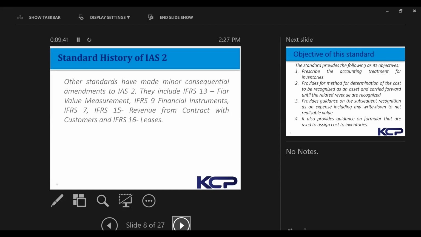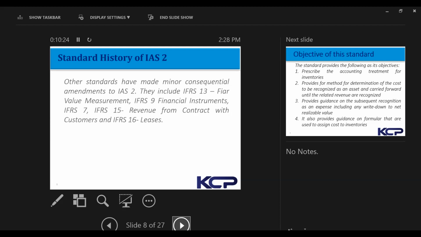Under what instance do you think IFRS 15 relates with IAS 2? The standard provides that when you have incurred any cost on inventory, whether arising from what you have produced, which you have accumulated its cost based on the standard costing technique, or where you have actually purchased for resale, whose cost must have been accumulated using the retail cost method, right?